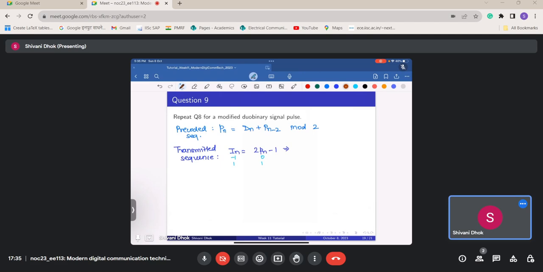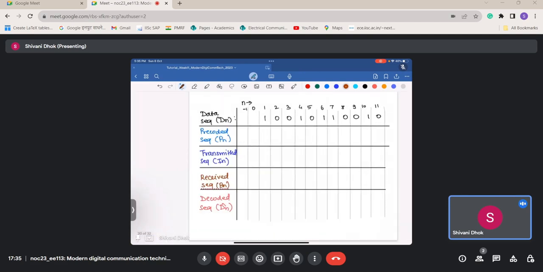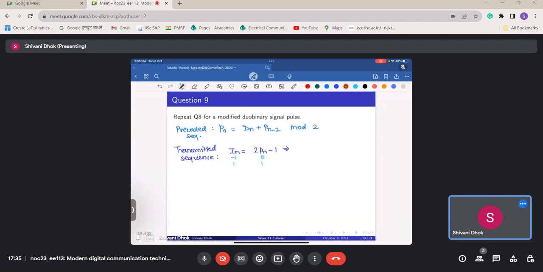After that we have the received sequence Bn. This is your In, this is your Bn, and the received sequence again we'll consider noise free.